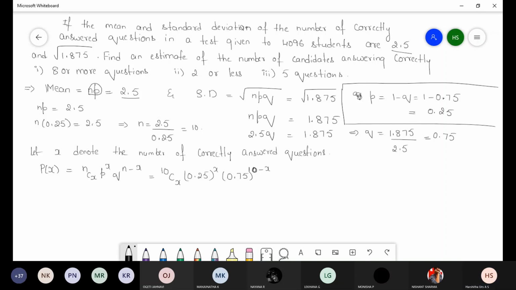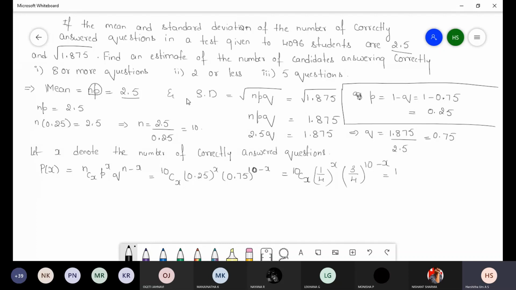Next, we can write 10Cx. Instead of 0.25, we can write 1 by 4 whole power x. In the place of 0.75, we can write 3 by 4 whole power 10 minus x.